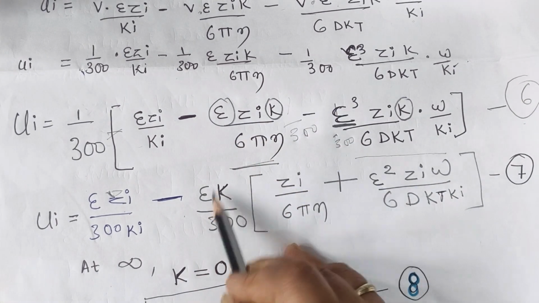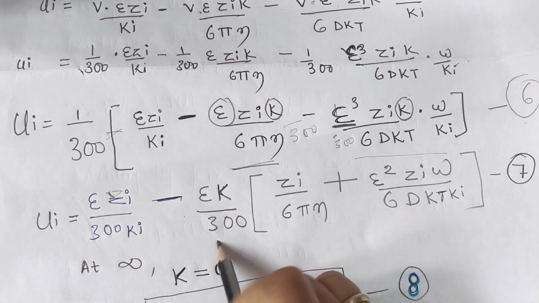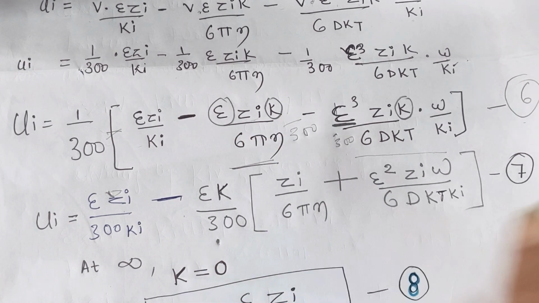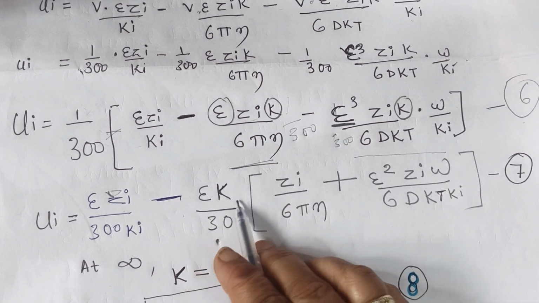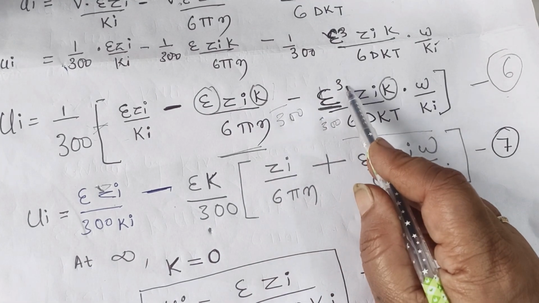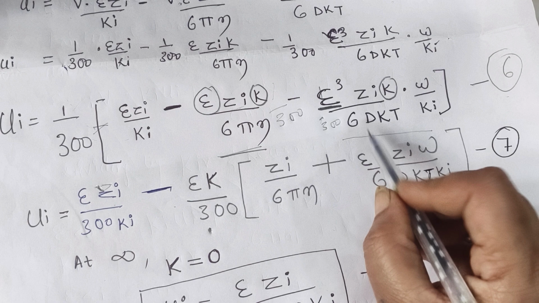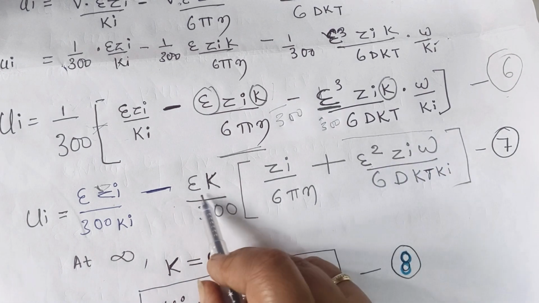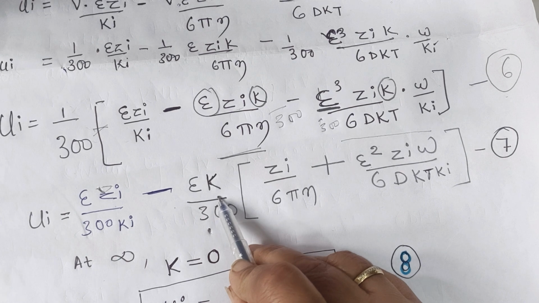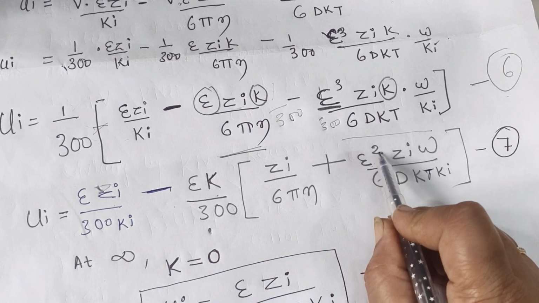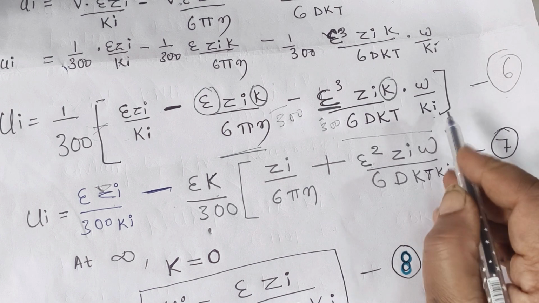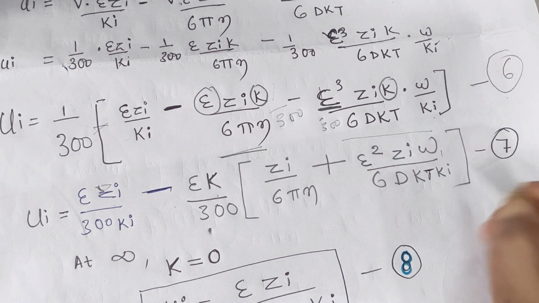So we can take epsilon k by 300 outside, and in the bracket what will be left is zi by 6 pi eta here, and here the epsilon cube, make it epsilon square and epsilon. One epsilon we have taken out, so epsilon k we will take out, and what will be left is epsilon square zi w by 6 dkt into w by ki as it is, right?